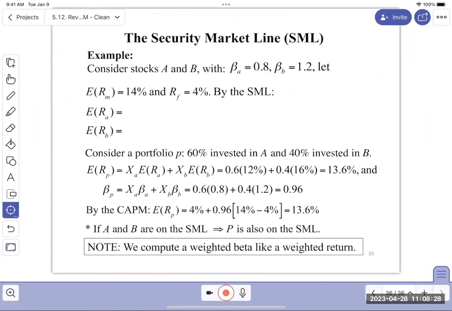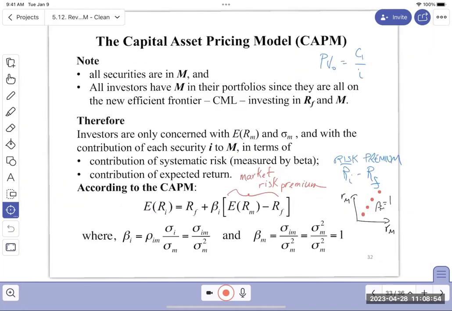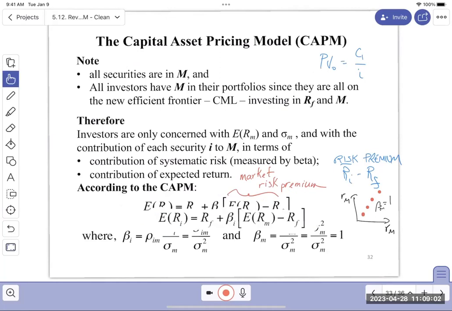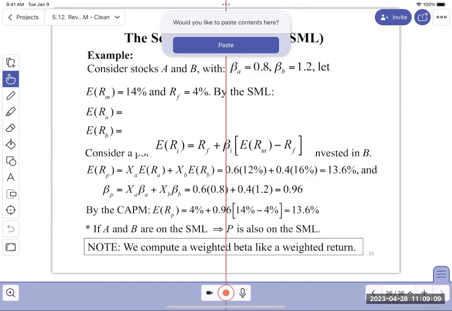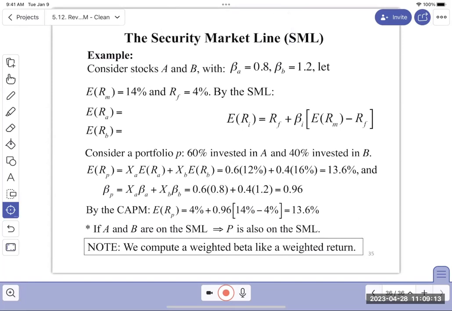What you'll be given is the beta, and with the beta, using the model, compute the expected return for A and the expected return for B. So try that. Let's take a moment to try that.